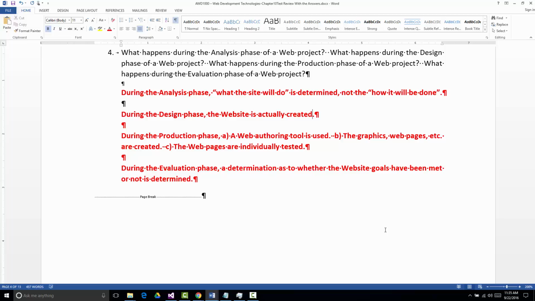So a web authoring tool is used, the web pages are created, and the web pages are individually tested. Sooner or later, not only do they have to be individually tested, but they have to be tested as a group. Then during the evaluation phase, that's at the end of the cycle, and you say, were our goals met? Or were they not met?